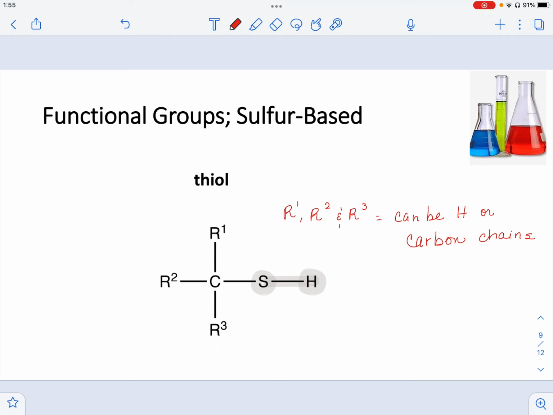Now that I have introduced to you all of the different families of functional groups, we are going to go over the chemical tests that you will be exploring in this lab in order to understand some of the functional groups.